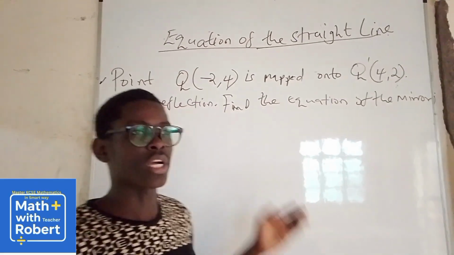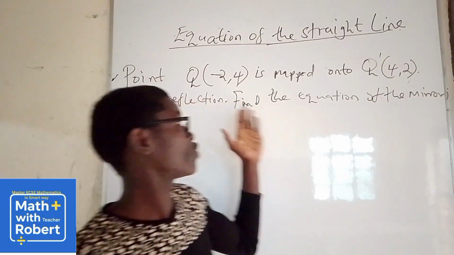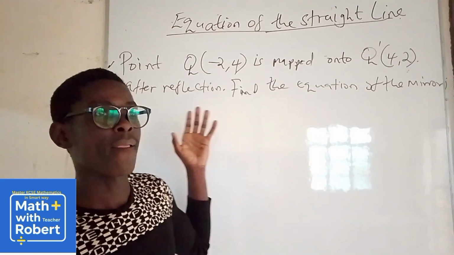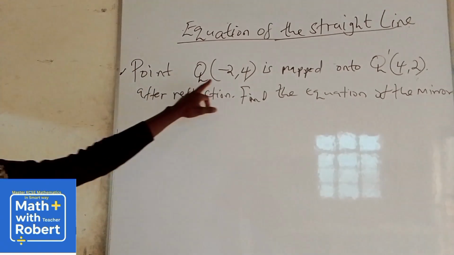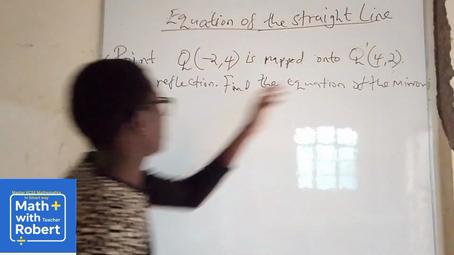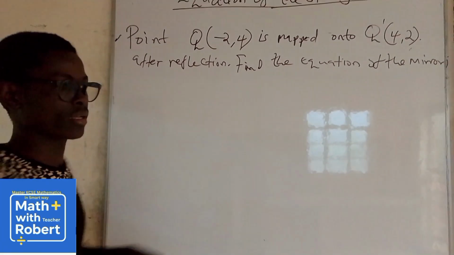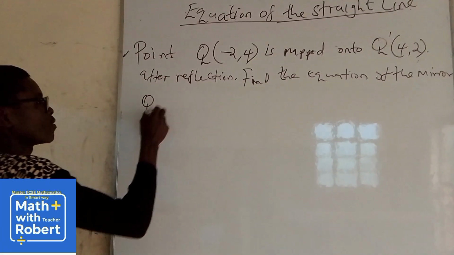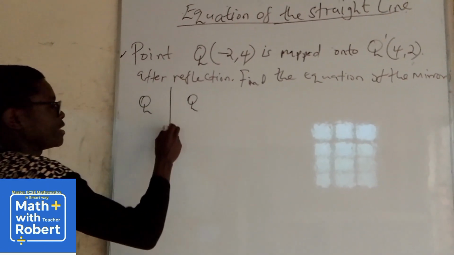Let me show you how you can handle this equation. So this is an equation under the equation of a straight line, then under perpendicular lines. So the question says that point Q is marked onto Q prime after reflection. So find the equation of the mirror. So point Q is marked onto Q prime. So meaning the mirror is in their midst.